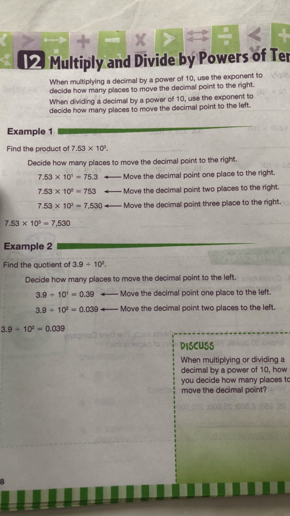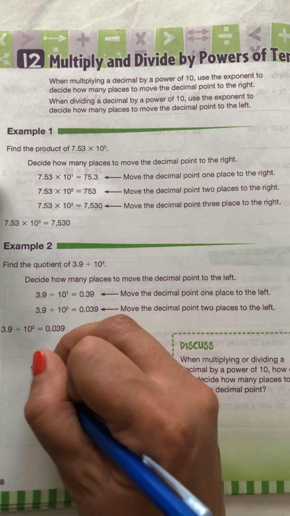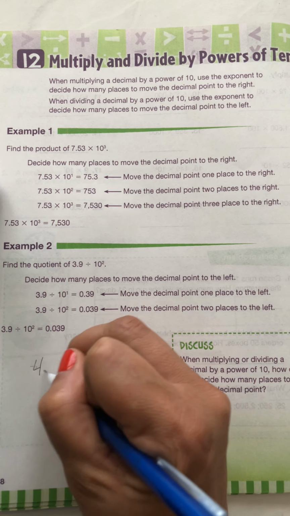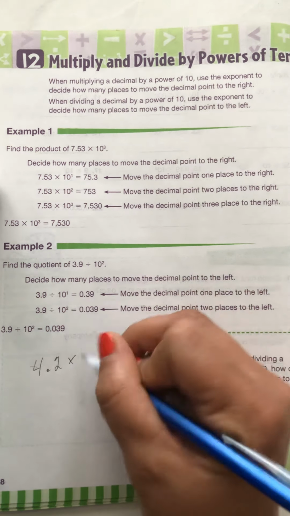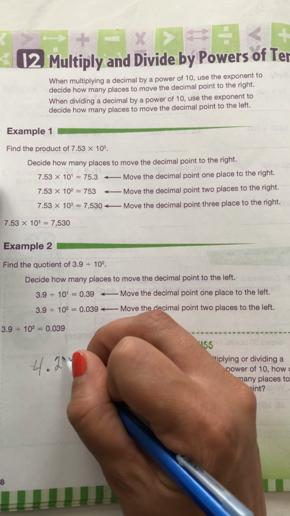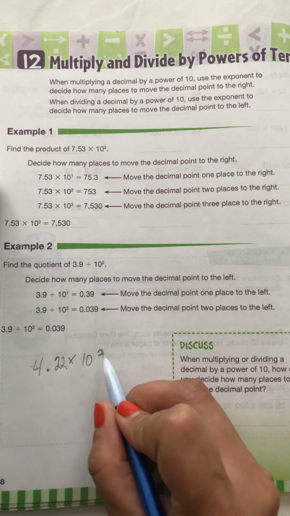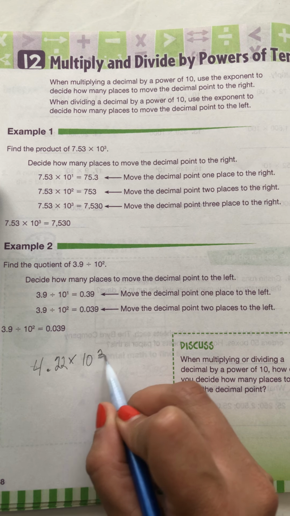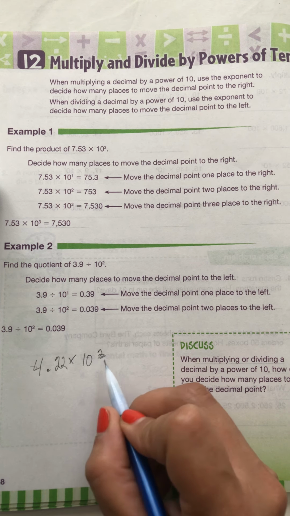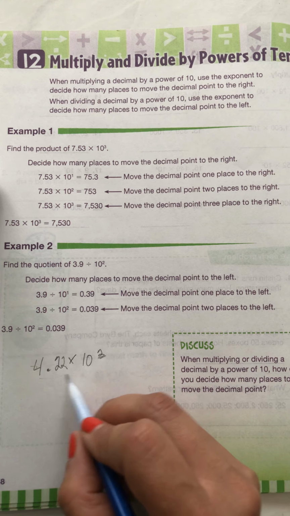So an example of that, if I had 4.22 times 10 to the second power. So this is 10 to the second power. So I'm going to multiply it really by 100, but this is a decimal.